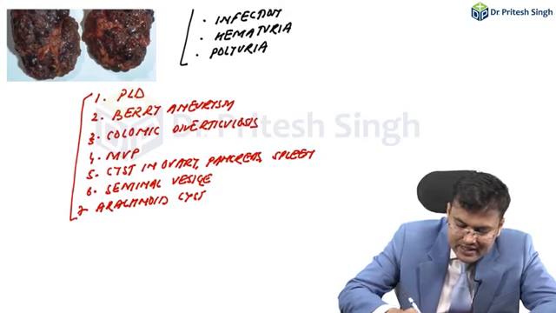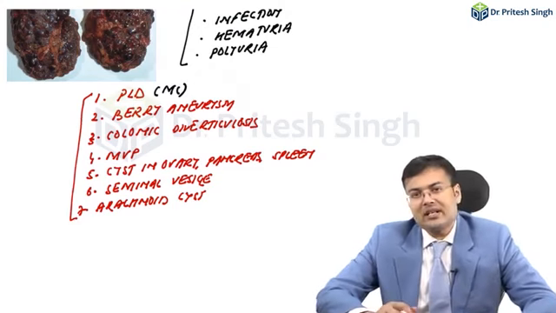So these are extrarenal manifestations. The most common extrarenal manifestation is polycystic liver disease.